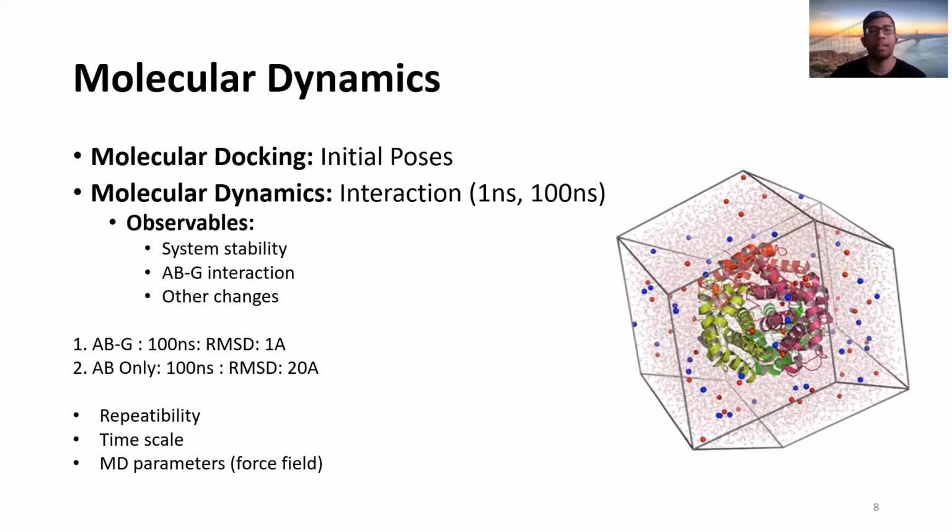And how do you know that your hypothesis is correct? Let's say you have simulated two systems. One is with amyloid beta only, and you have simulated it for 100 nanoseconds. And from the RMSD curve, you see that amyloid beta itself is actually very unstable because it has deviated too much from its reference coordinates.